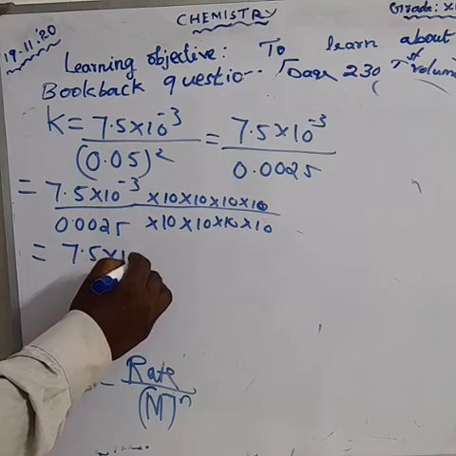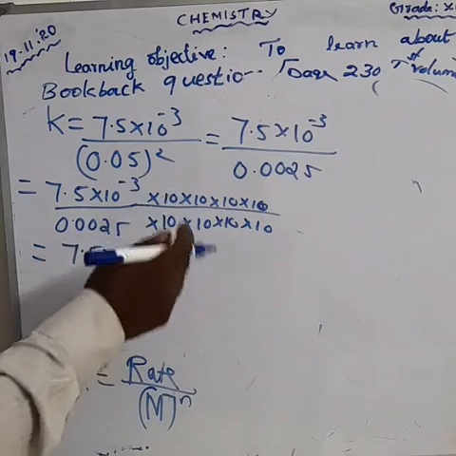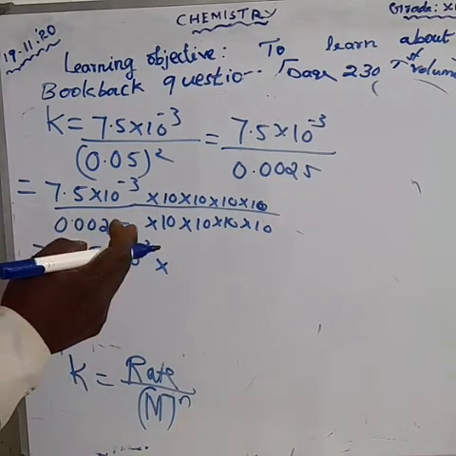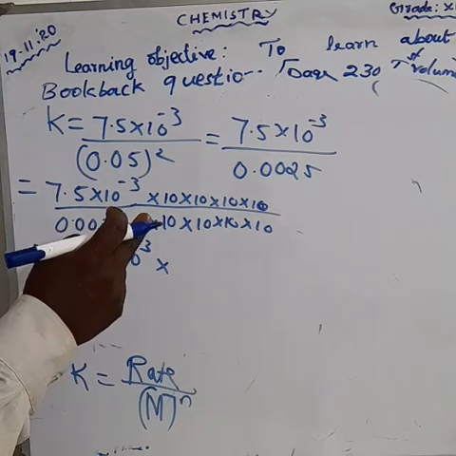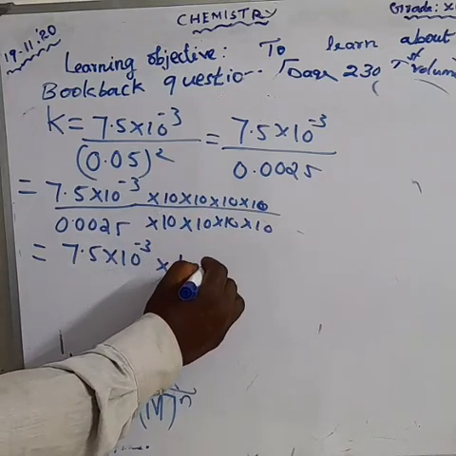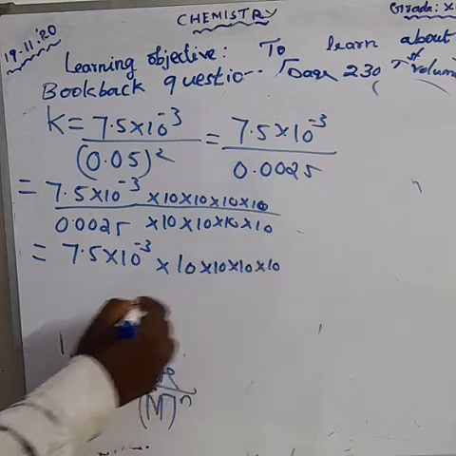So you can write it as 7.5 into 10 raised to minus 3 into 10 into 10 into 10 into 10.